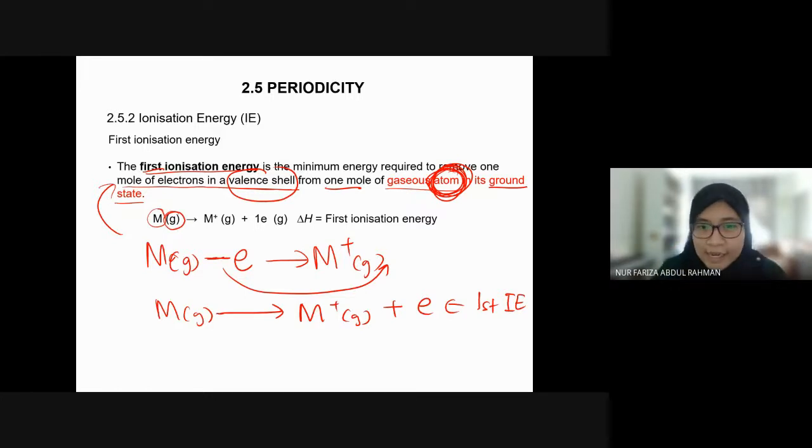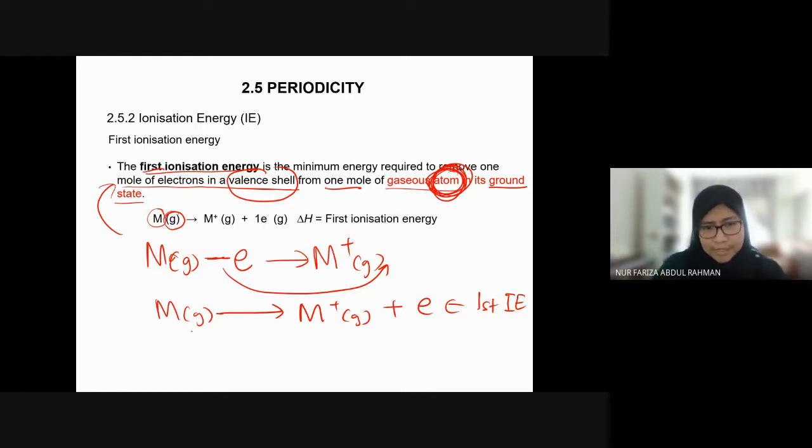How about second ionization energy? Okay, kita ada slides on this later, but just to give you a heads up, nak introduce you awal lah, so that later you dengar lagi, the more you listen, the more you hear, the better you remember, ataupun the better you memorize.